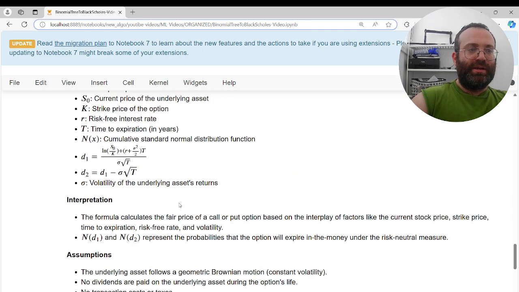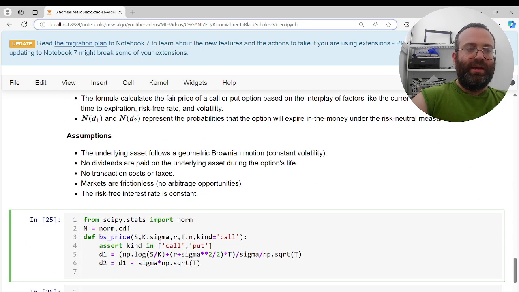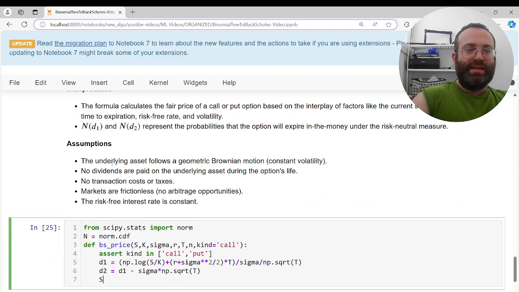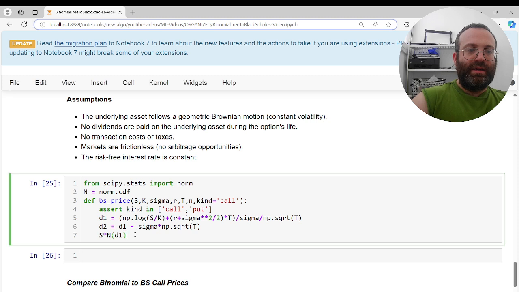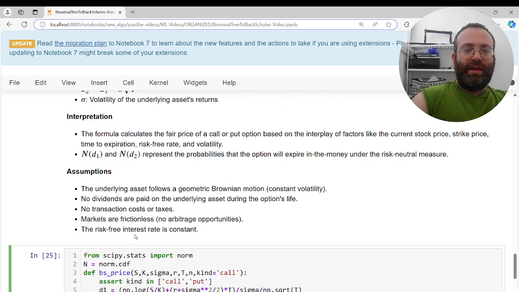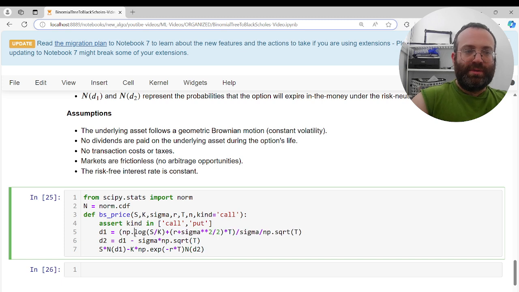So now we have our d1 and d2. The formula is basically S times N(d1) minus K times np.exp of negative r times T times N(d2), if kind equals call, else it's going to be the put formula.